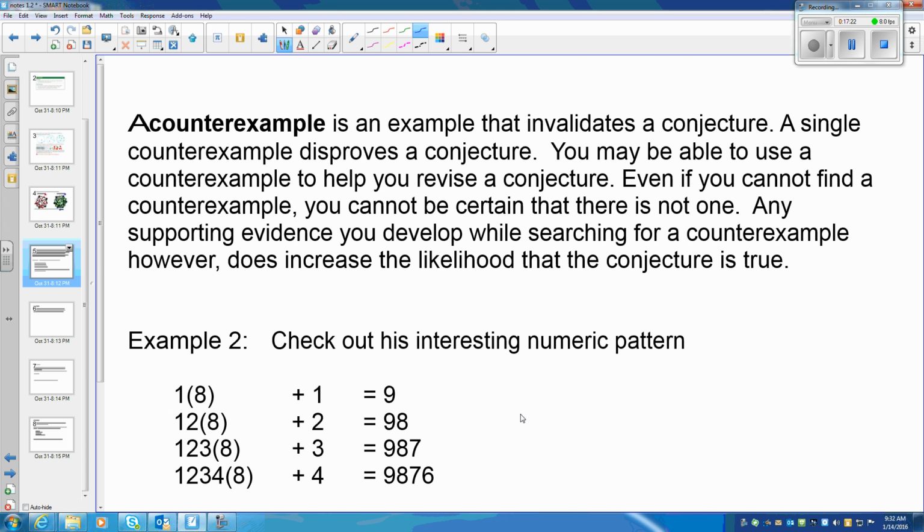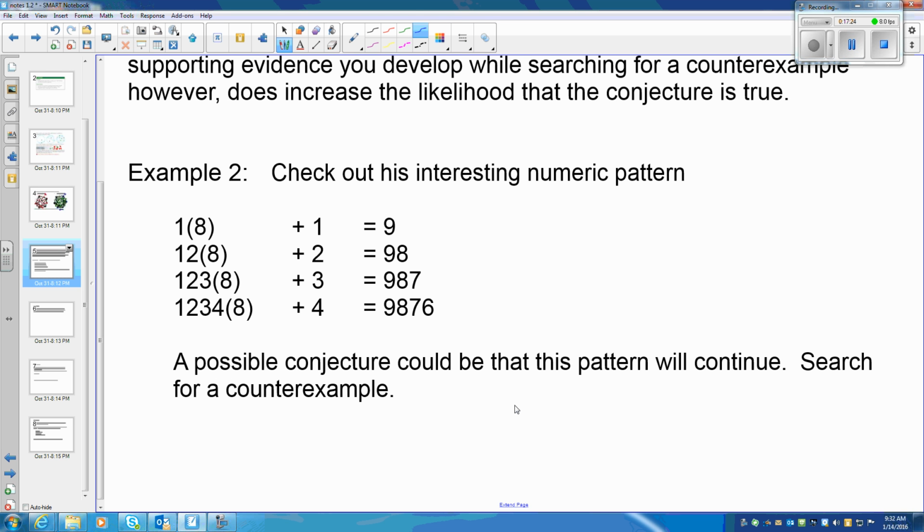So take a look at this cool pattern. 1 times 8 plus 1 gives me 9. 12 times 8 plus 2 gives me 98. 123 times 8 plus 3 gives me 987. Kind of cool. So what kind of pattern is it going to go through?